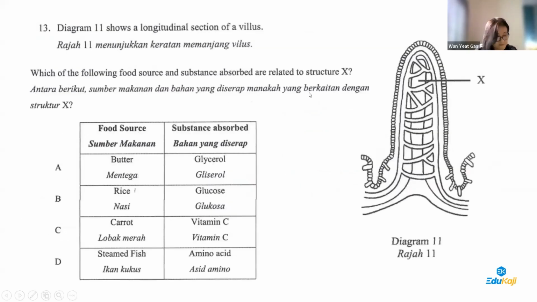Next, number 13. Diagram shows a longitudinal section of a villus. Which of the following food source and substance absorbed are related to structure X?